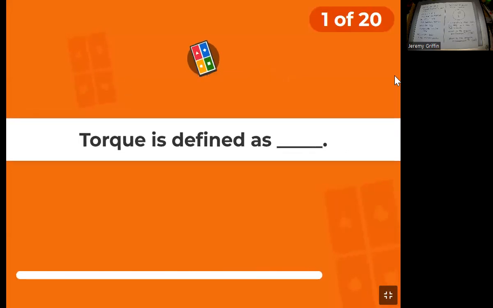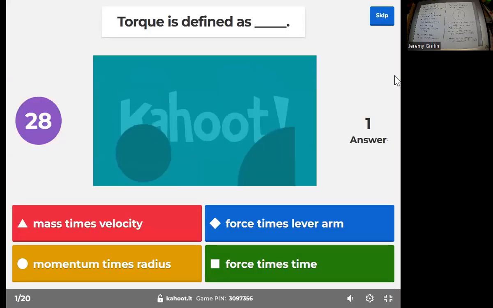Torque. All right, I'm going to stop some of these early because you should know by about now, right?